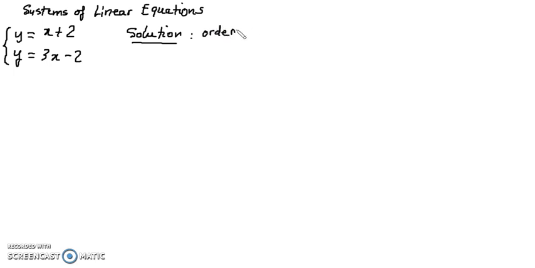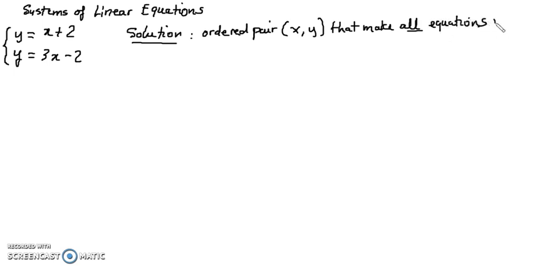In this case we have two variables, x and y, so any ordered pair (x, y) that makes all equations in the system true.